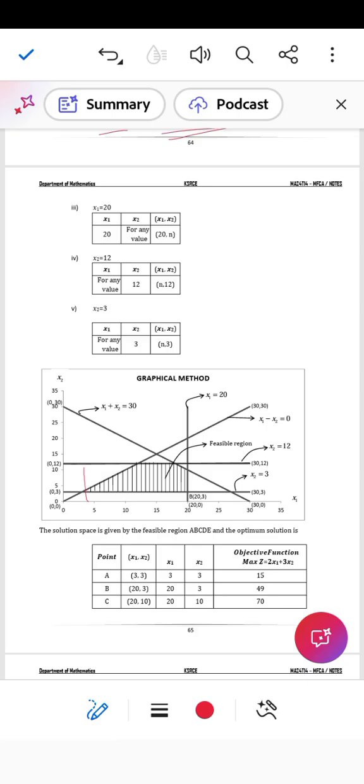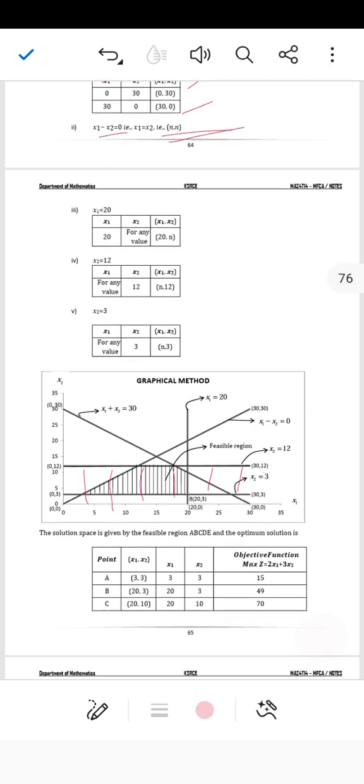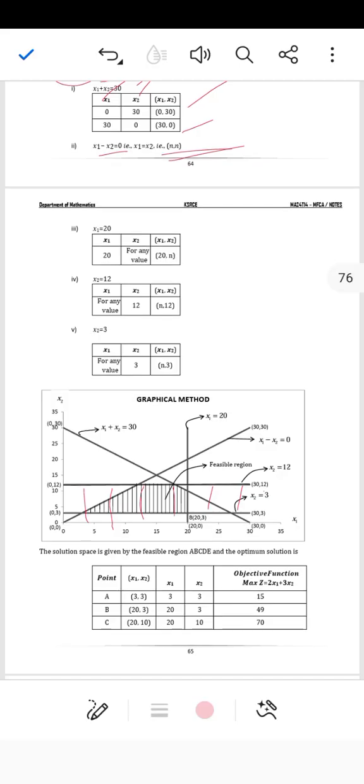Next, mention the region for the inequality x2 less than or equal to 12. The region of x2 less than or equal to 12 is below the line x2 equal to 12.